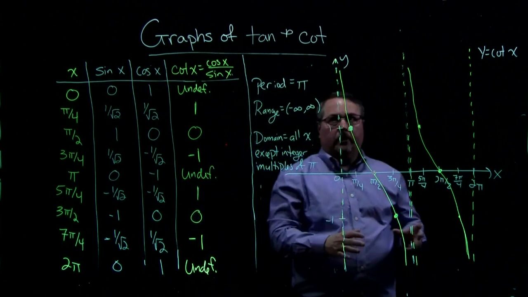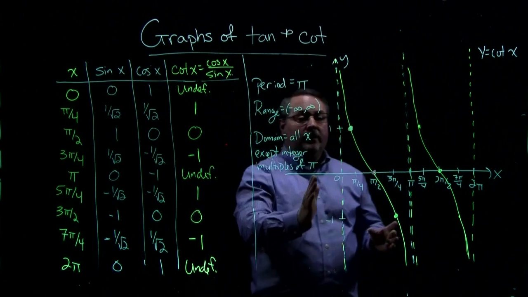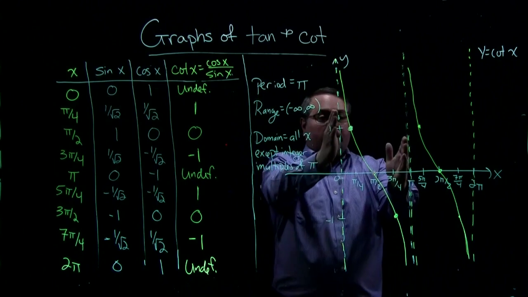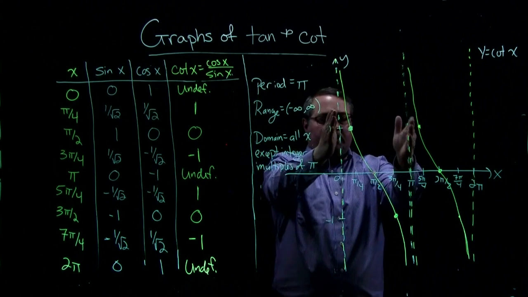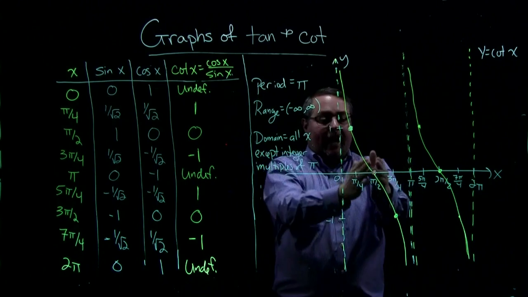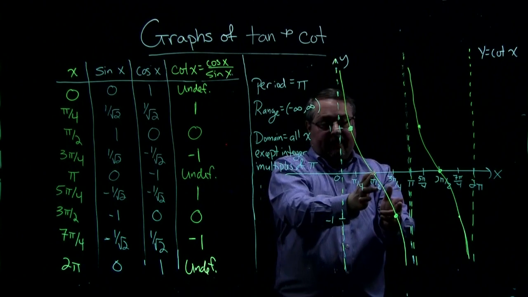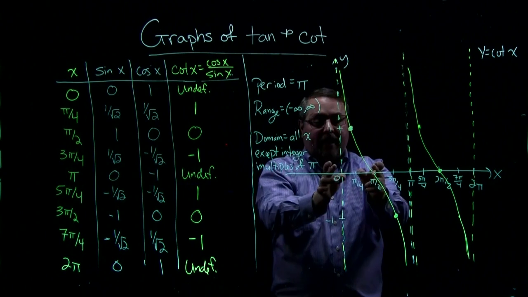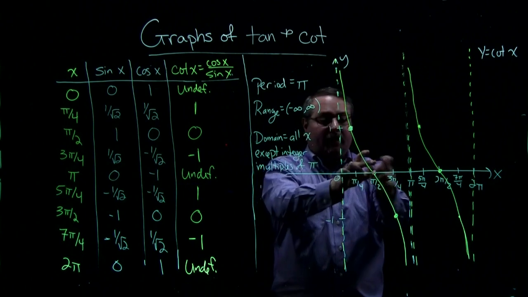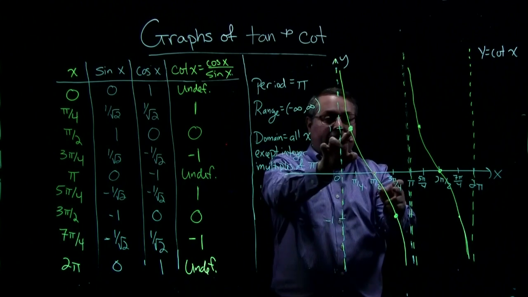So now every period of tangent or cotangent is going to go asymptote to start, asymptote to end. Halfway in between, we're going to have a midpoint. And then halfway in between each asymptote and that middle point is going to be another point.